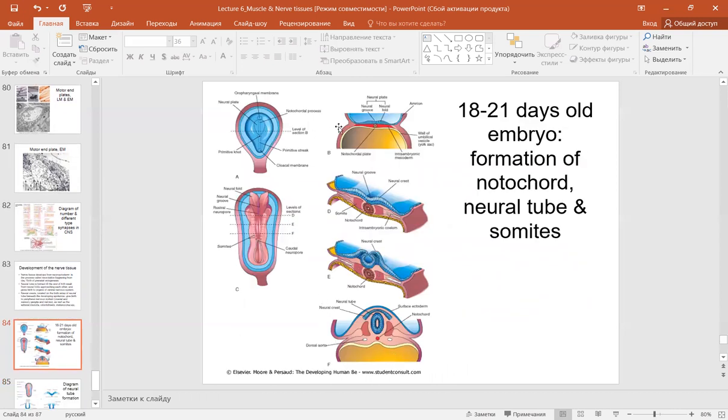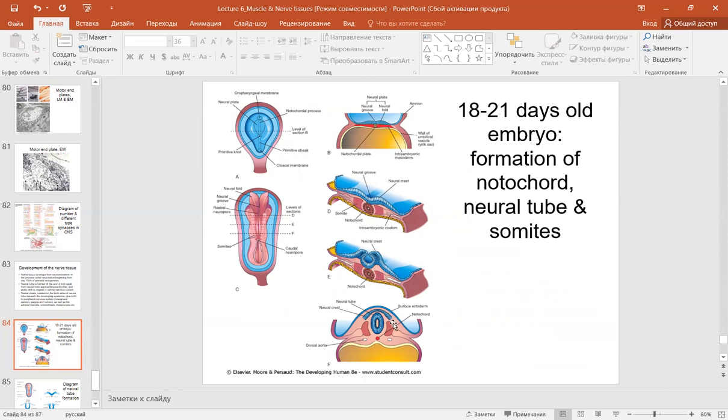So you have the neural fold, neural groove, neural crest, the notochord, neural tube formation. When the neural crests are closing, here is the segment of the neural tube with neural crest surrounding the neural tube from both sides.